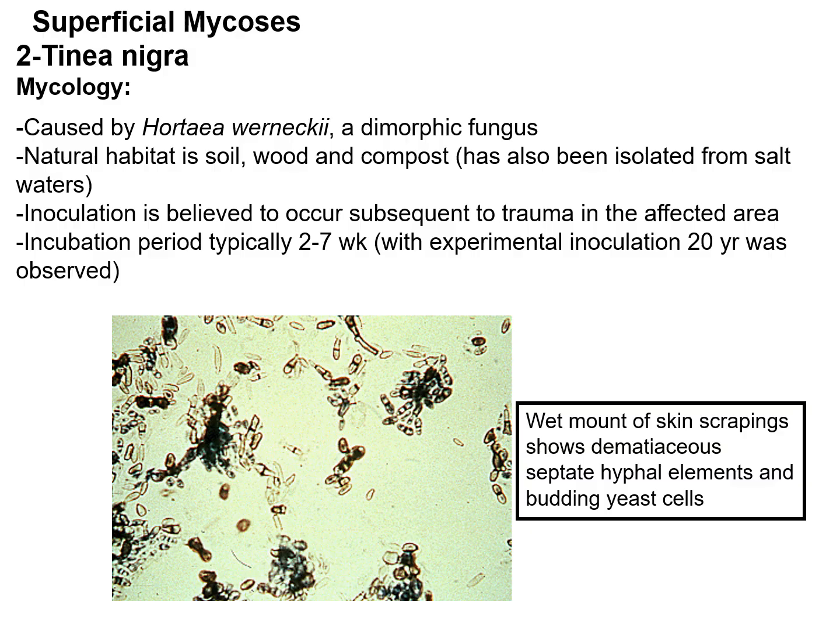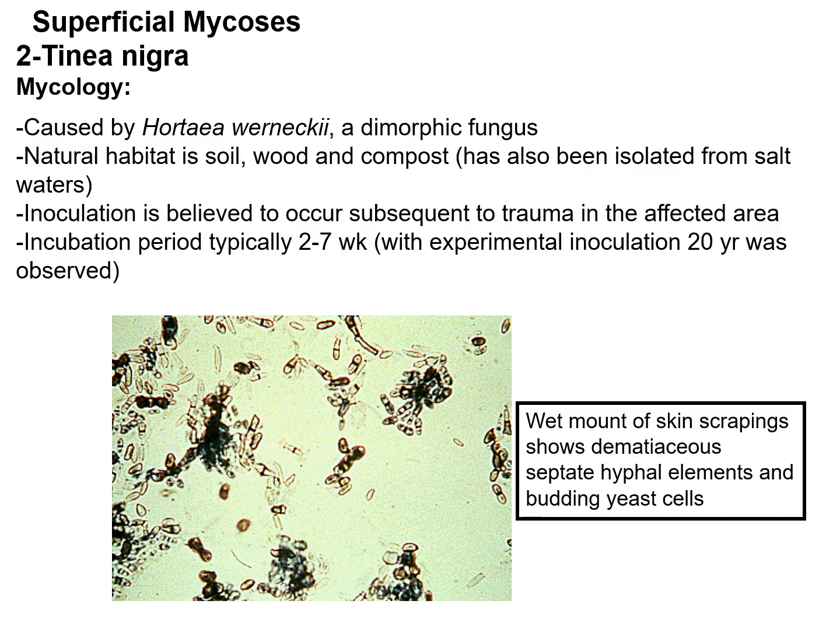The agent behind the Tinea nigra is Hortaea werneckii. This is a dimorphic fungus, and it's seen in environmental samples like soil, wood, compost. So you can make the link between seeing these lesions on the hands, on the palms, because people might touch these types of samples like soil and wood, or the foot.